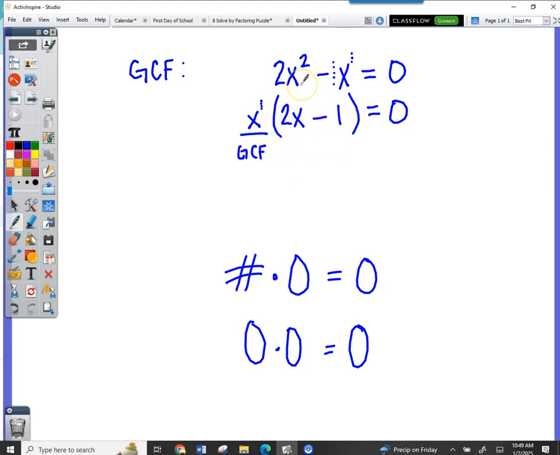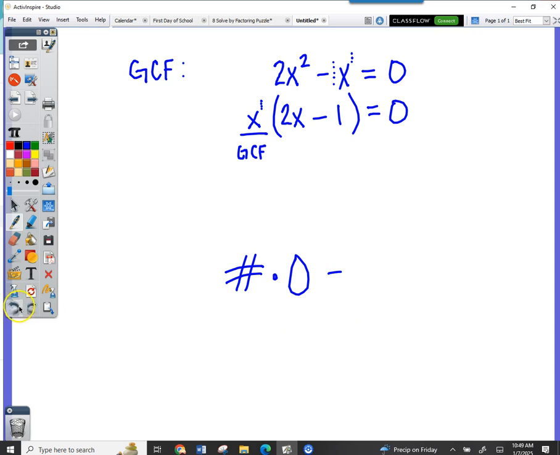So look at this. Don't get bogged down in the letters. Don't let that confuse you. This is one piece, this is multiplication, this is another piece. Two things are multiplying together, and I'm getting 0. So the math behind it is that one of those pieces has got to be 0.